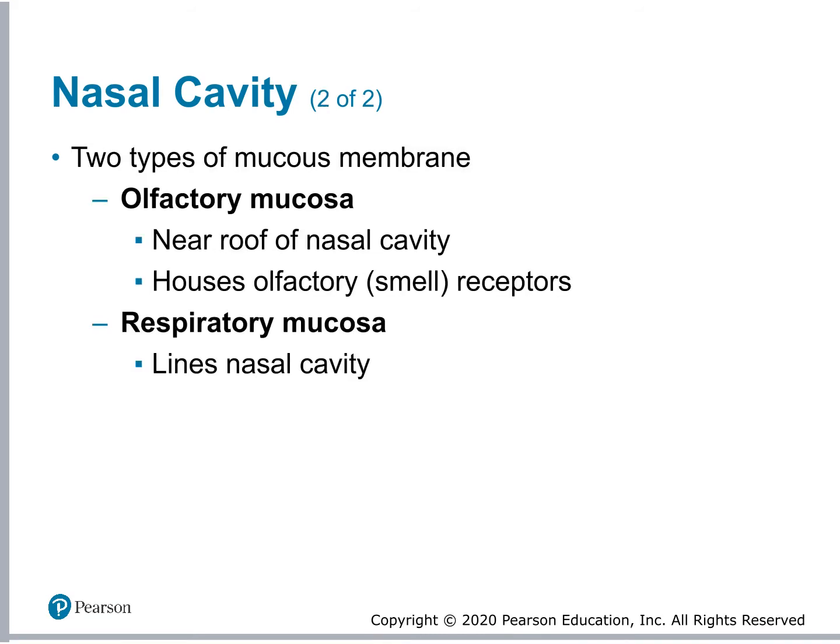There's 2 types of mucosal membranes inside of the nasal cavity. We have the olfactory mucosa, which contains the nerve endings for smell, and then the rest of it is the respiratory mucosa. And when it comes to the respiratory mucosa, it has a specific type of epithelium. It is PCCE, and we talked about this way back in chapter 4.